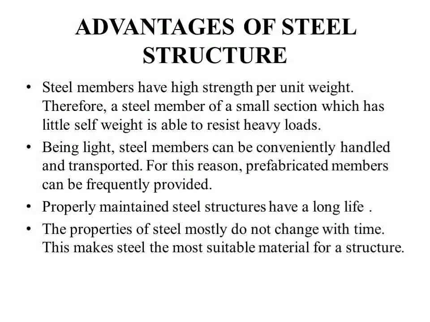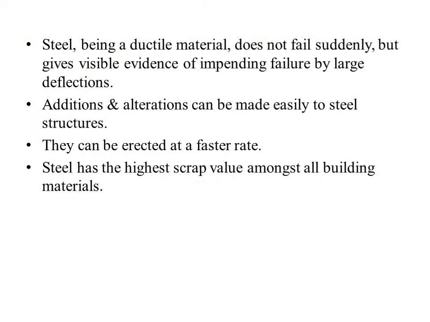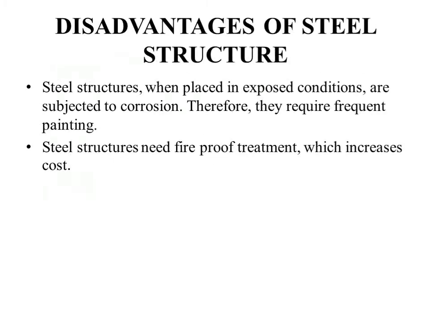Fourth one, the properties of steel mostly do not change with time. This makes steel the most suitable material for a structure. Then again, steel being a ductile material does not fail suddenly but gives visible evidence of impending failure by large deflections. Additions and alterations can be made easily to steel structures. They can be erected at a faster rate. Steel has the highest scrap value amongst all building materials. These are the advantages. You can write only 4 advantages in the exam.